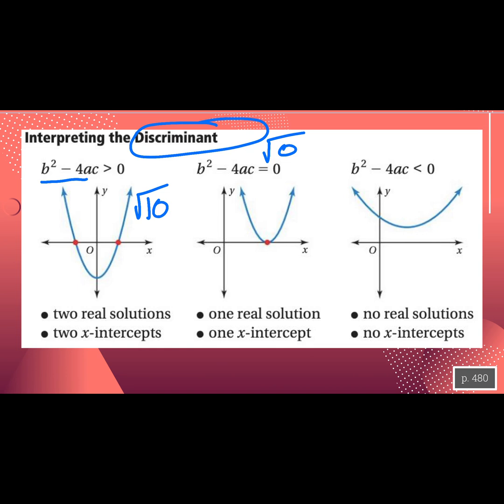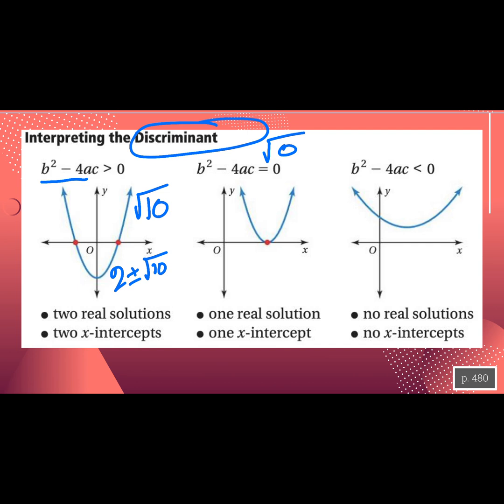Remember yesterday? Didn't we do something like this before? We did. We figured this out yesterday, we just never put a rule to it. Think about it in terms of our equation: if when we simplify everything we have 2 plus or minus the square root of 10, we'll have 2 plus the square root of 10, which gives us one number, and 2 minus the square root of 10, which gives us another number.